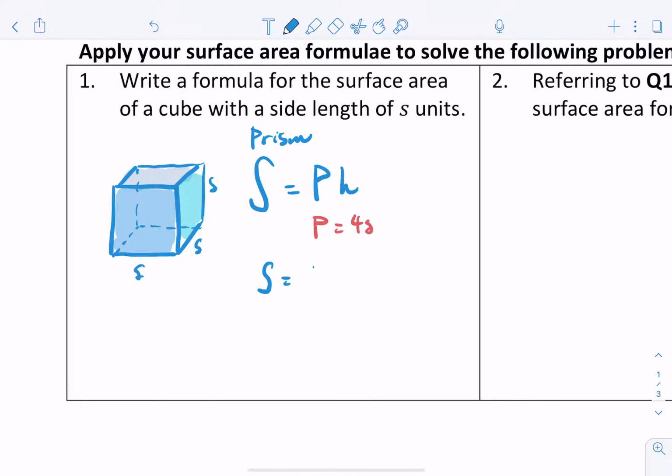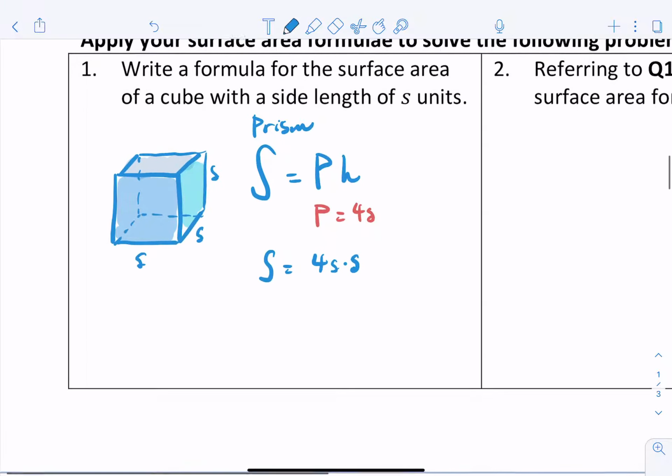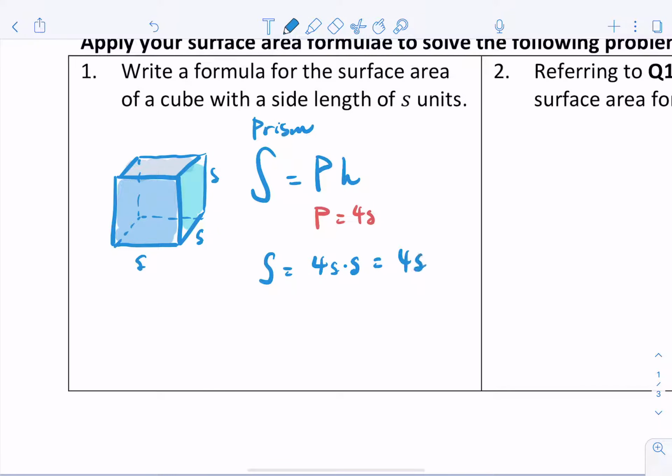So I would have a 4s, and I'd multiply it by the height. And well, what's the height of this thing? Well, the height here is also s, so I'm going to multiply that times another s. S times s is s squared, so this would be equal to 4s squared.